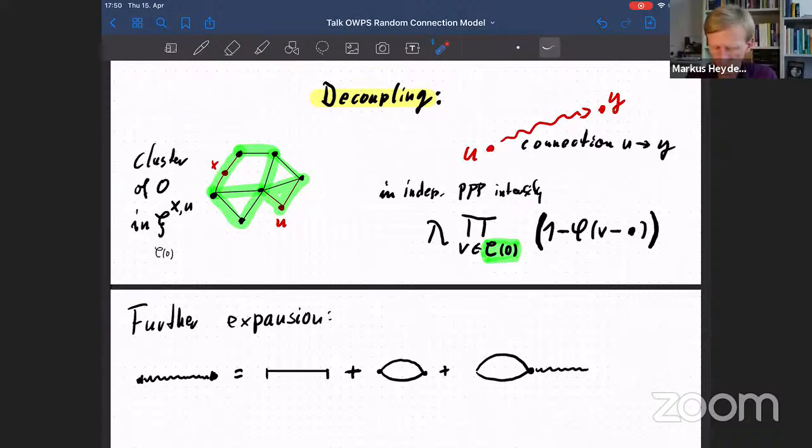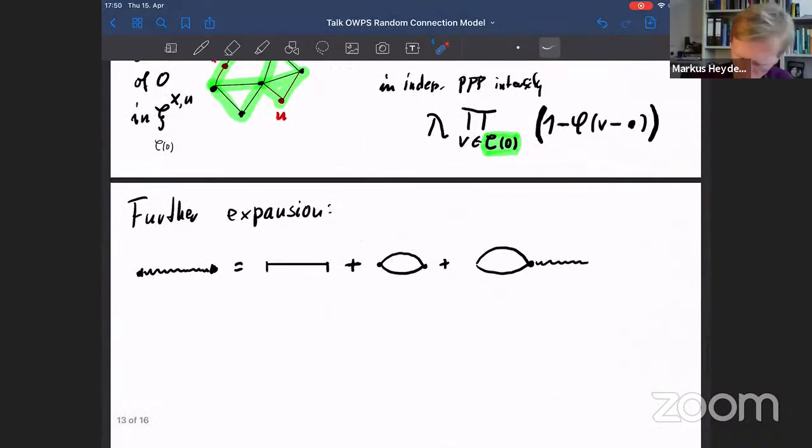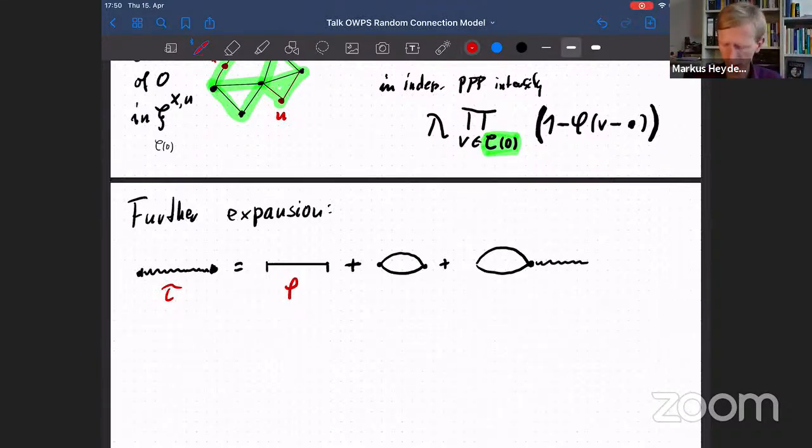So let me try to indicate the next step in the expansion only pictorially, because that's maybe most informative here. On the left-hand side, this is tau, the fact that we have a connection between the two points. Then this was phi, the probability that we have a direct connection.